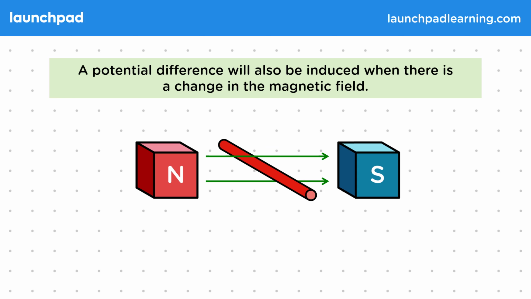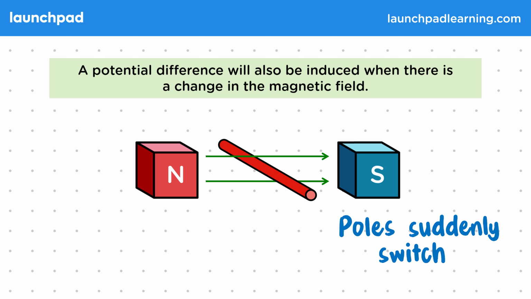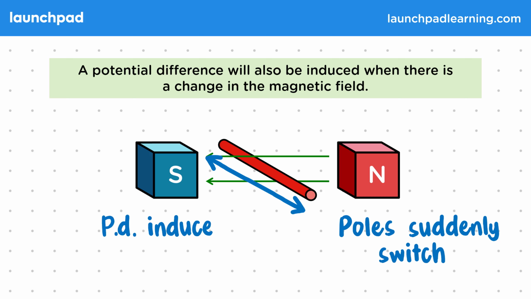So let's suppose we keep both the magnets and the conductor still, but then the poles suddenly switch around. This means the direction of the field the conductor is in reverses. This will also induce a potential difference in the conductor, as we can think of this as a type of motion between the field and the conductor.